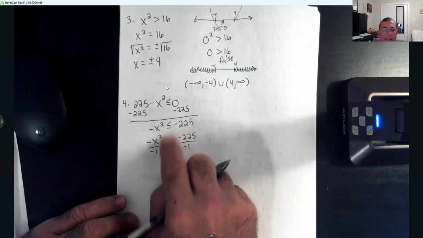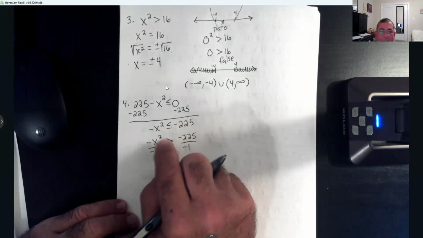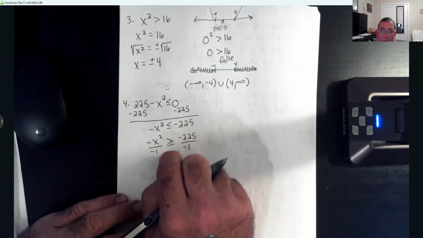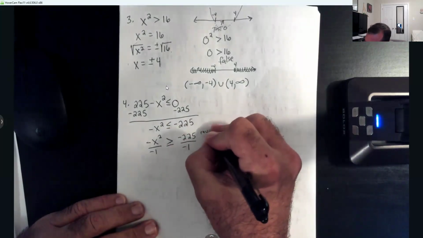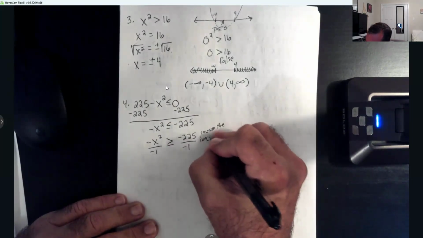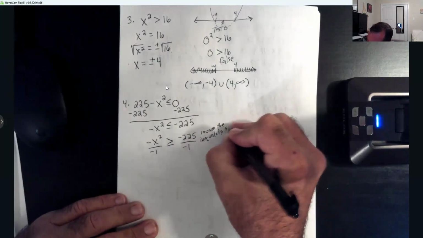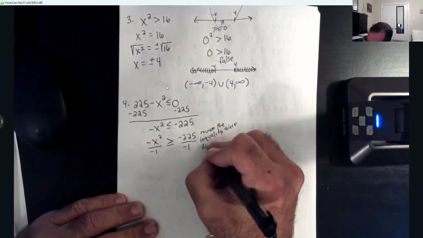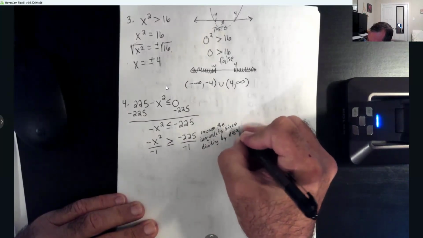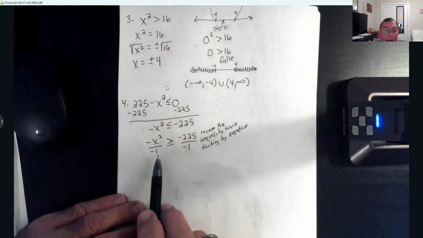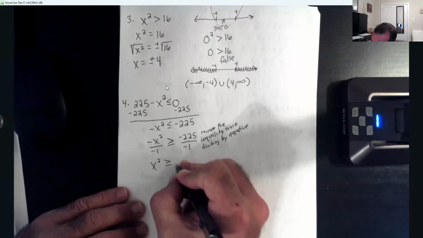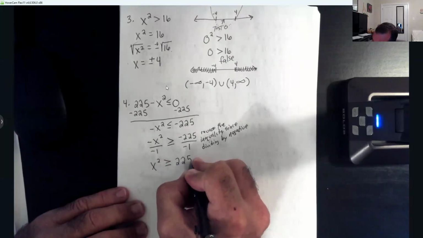And y'all, that's going to be the case anytime you're dealing with inequalities and you divide by these negative numbers. Do not forget to reverse the inequality, since dividing by negative. All right, so doing that, I now have a positive x squared greater than or equal to a positive 225.